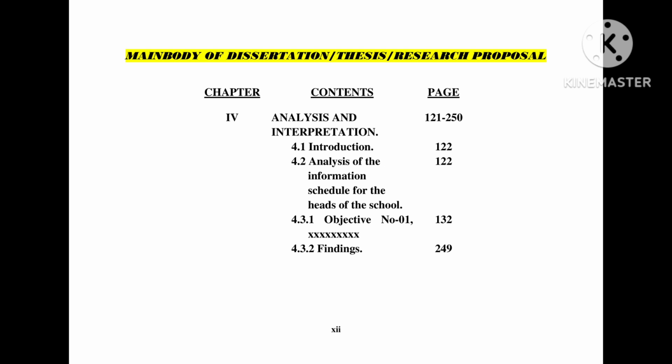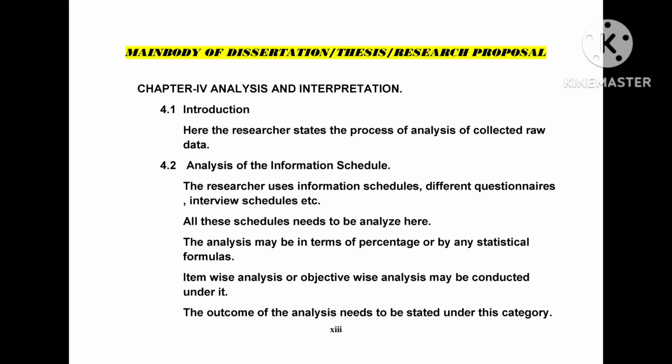Under it we have to analyze and interpret the new data collected from the various parts or samples, and we gather all the information in tabular form or maybe chart form for better analysis.